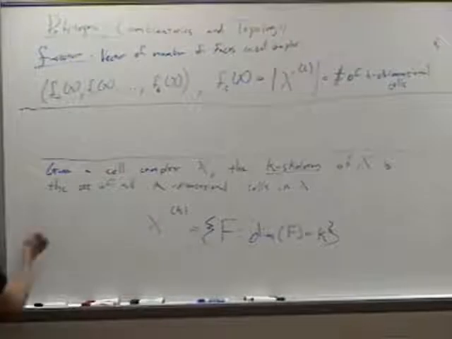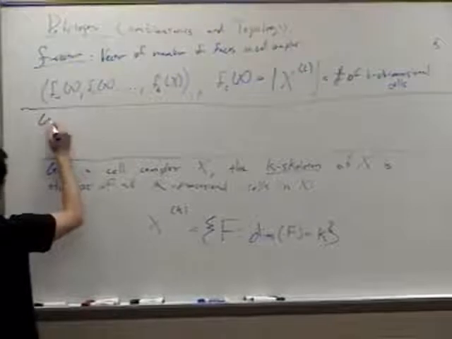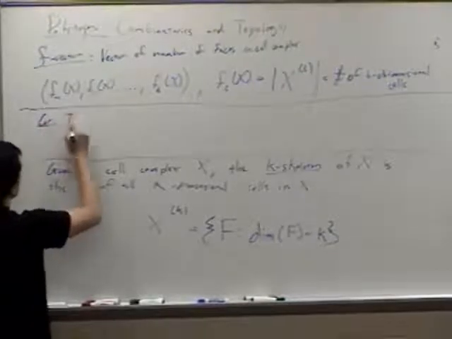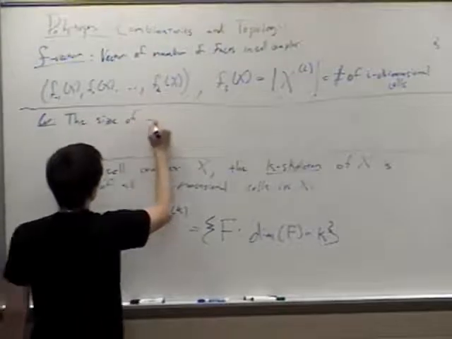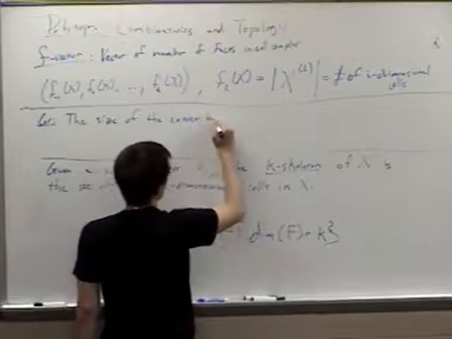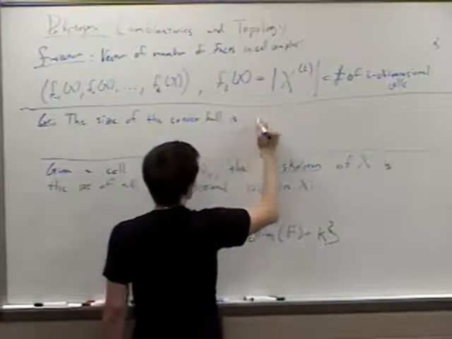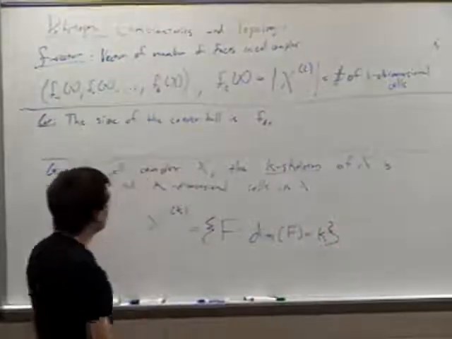So here's the sort of simple conclusion, or it's maybe just obvious, right? The size of the convex hull is fd minus 1, right?